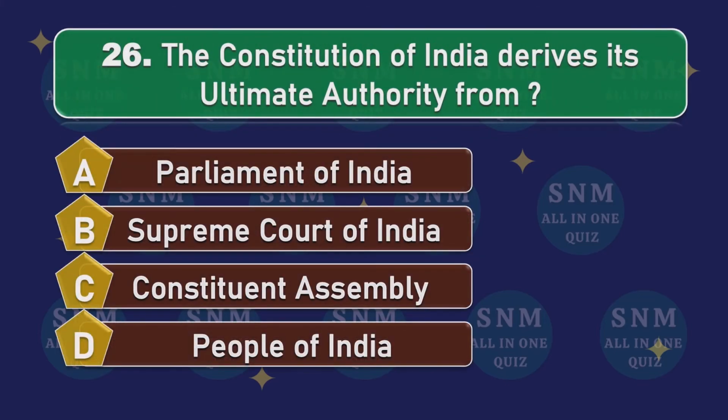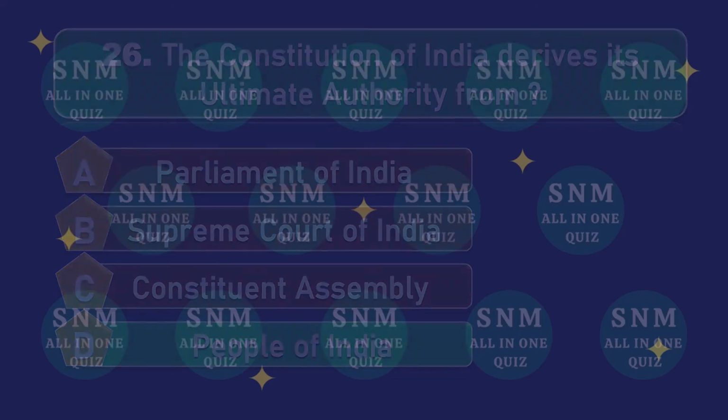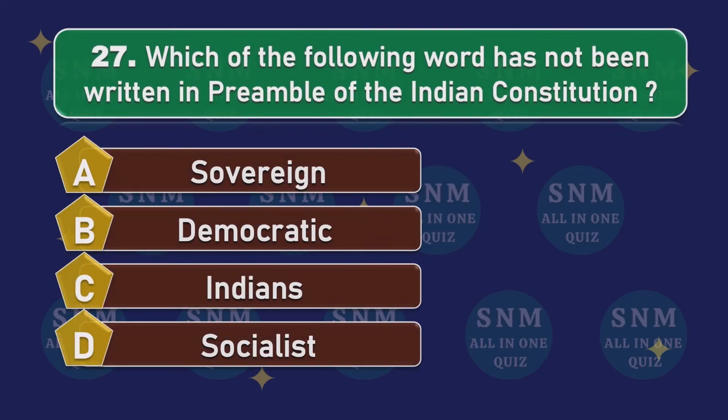The Constitution of India derives its ultimate authority from people of India. Which of the following words has not been written in Preamble of the Indian Constitution?